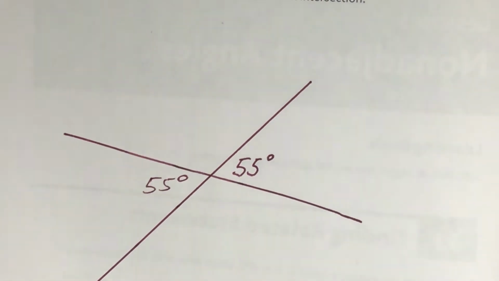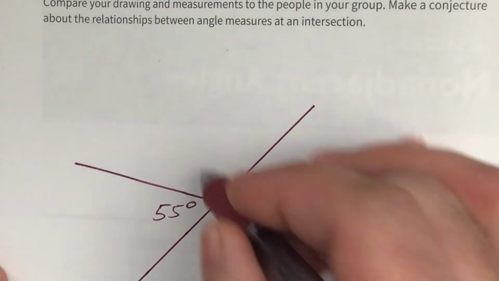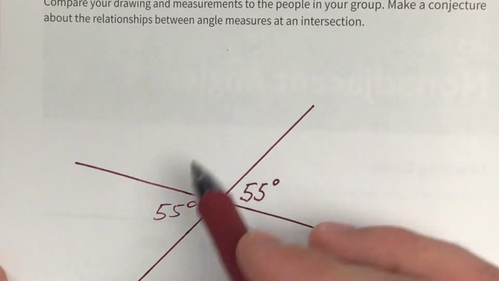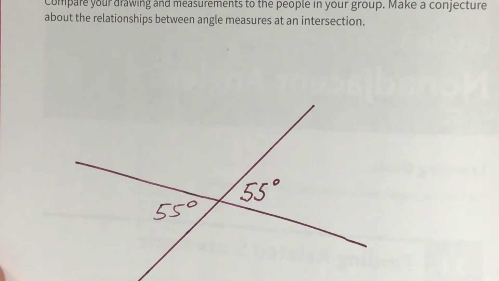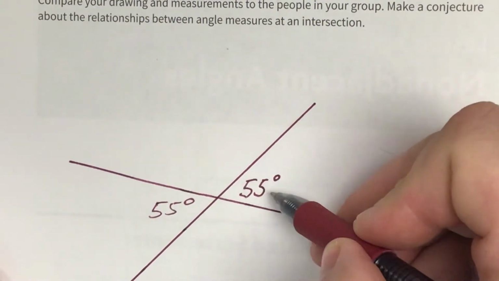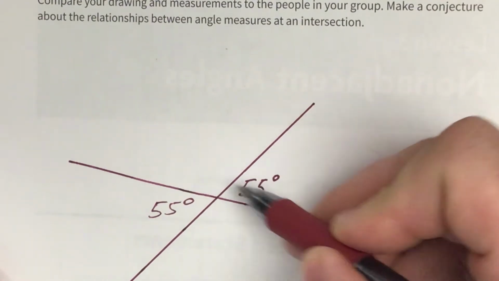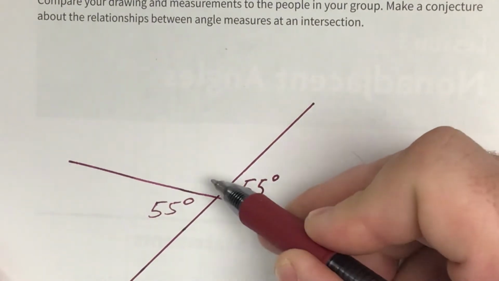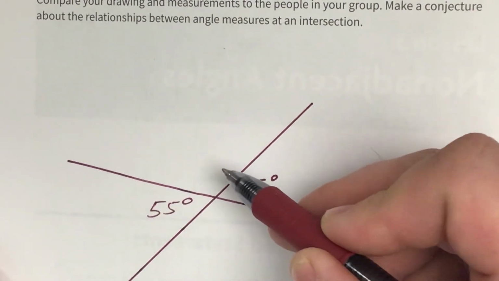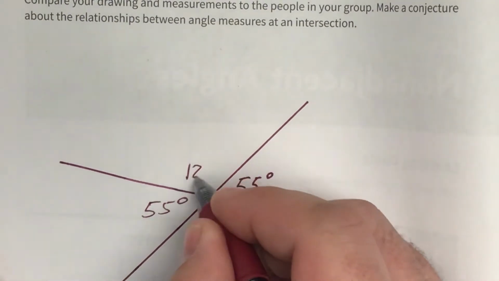Also, when you have intersecting lines, adjacent angles, angles next to each other that share a side, are going to be supplementary. If they're supplementary, that means they have to add up to 180. So without measuring, I should be able to get this one: 125.